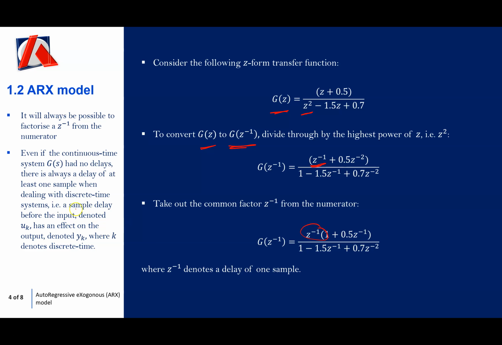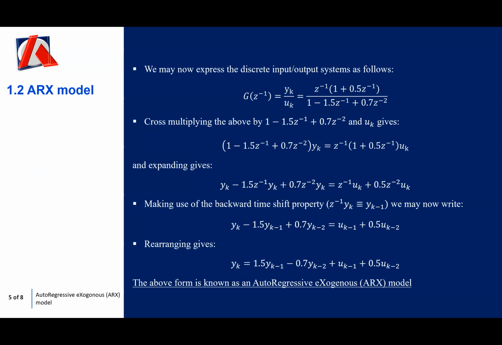It's effectively a system delay before the input, denoted u(k), has an effect on the output, denoted y(k), where k denotes the discrete time. So beware: the input is applied, and there's always at least a delay of 1 sample before you see the output. We now express the discrete input-output system as follows.